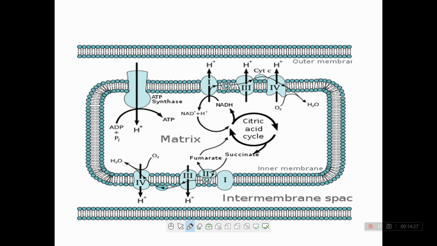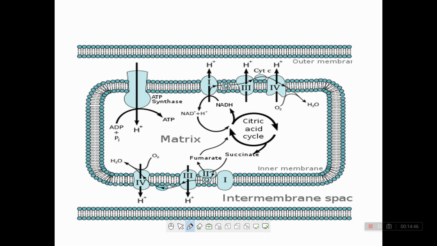It is a series of complexes. Oxidative phosphorylation has a series of complexes, known as complex 1, 2, 3, 4. An electron is transferred from one complex to the second, second to third, third to fourth.